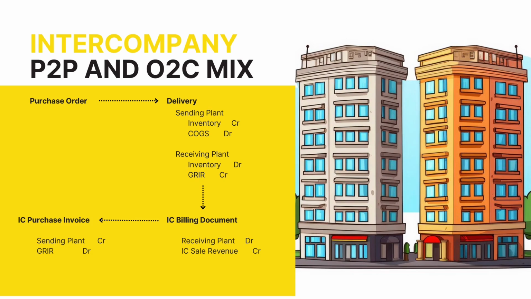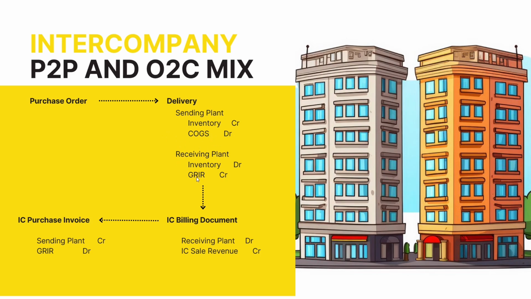Now, the difference in the accounting treatment of a delivery in intercompany is that here we have the accounting treatment for both goods receipt as well as delivery, which is posted by only one transaction, which is a delivery. So the moment we create a delivery document against the purchase order, it posts the accounting of a typical delivery where the inventory is credited and the COGS account is debited.